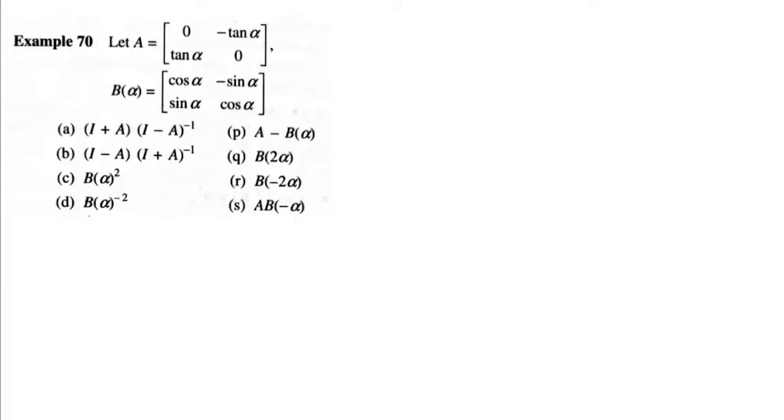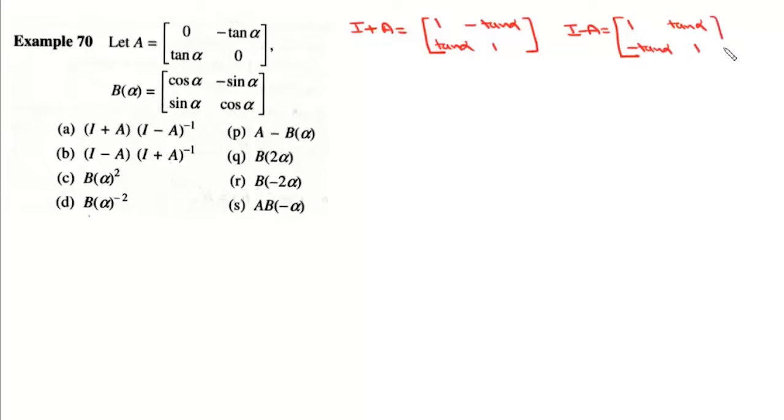Now here the question is, we are given this A, which is 0, minus tan alpha, 0, and B, which is cos alpha, minus sin alpha and cos alpha. Now if we write I plus A, it will be 1, minus tan alpha and 1, and I minus A will be 1, tan alpha, minus tan alpha and 1.